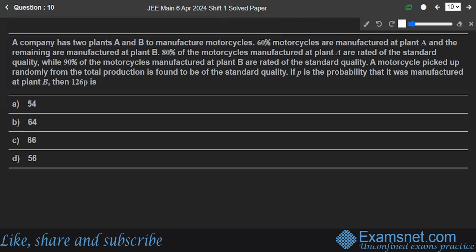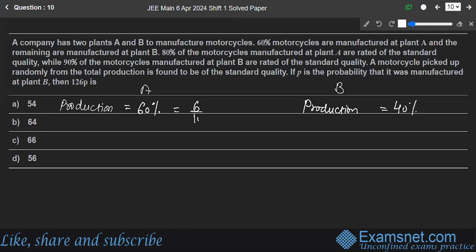So you have two factories or two manufacturing units over here, or companies. This is A and B. Production at A, or production simply, is equal to 60%. And the production at B is equal to the remaining, 100 minus 60, which is equal to 40%.